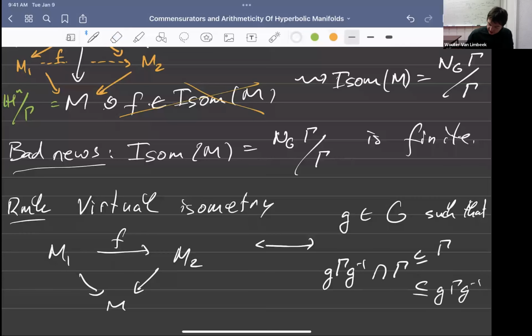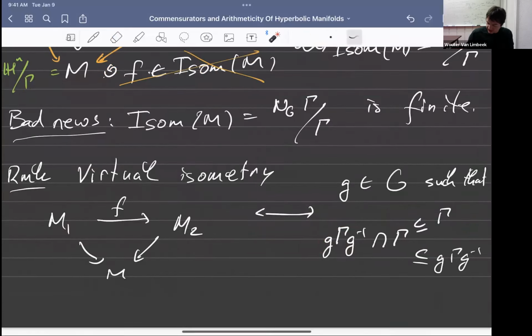So if you look at this intersection, it lives in each of these two subgroups. And what I demand is that each of them is a finite index inclusion.